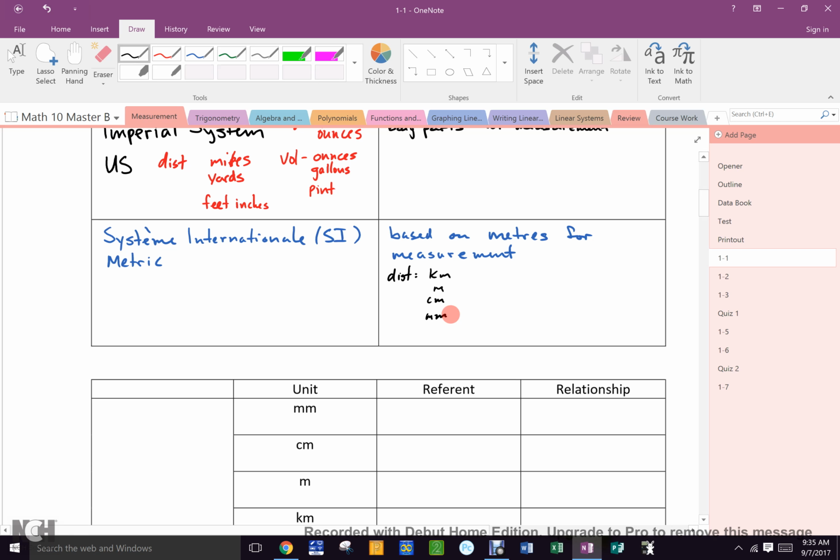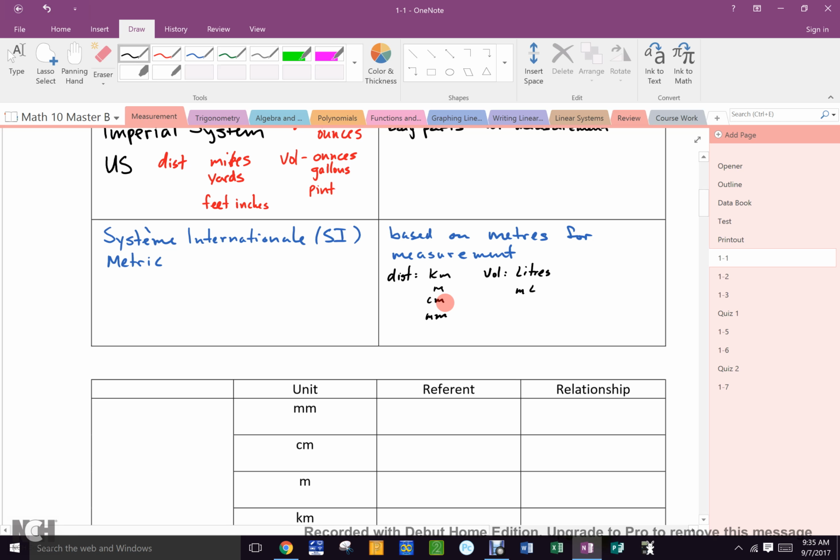What do we use for volume? Like, what do we use for how much pop is in the bottle? Liters. We use liters or milliliters. Now, you guys be smart kids. If we can have a centimeter, can I have a centiliter? Does it make sense?